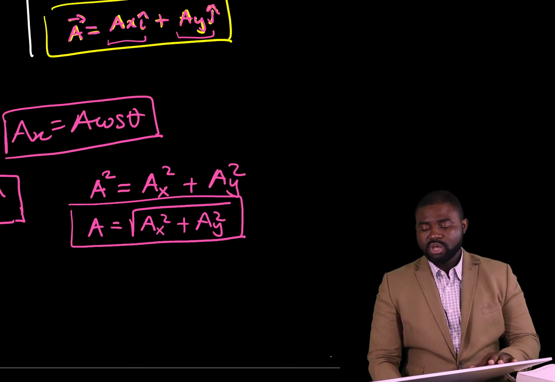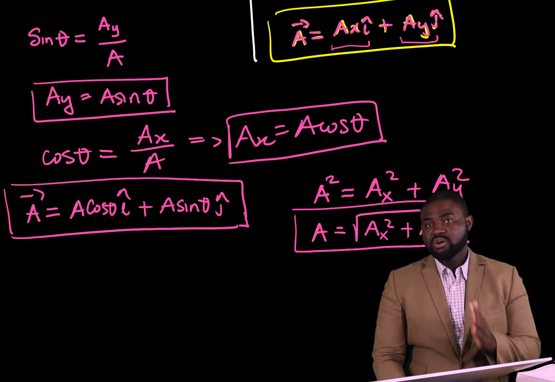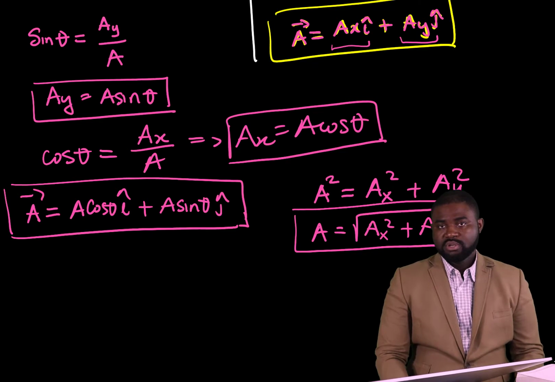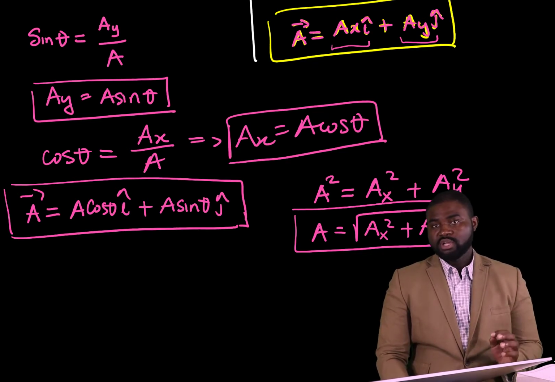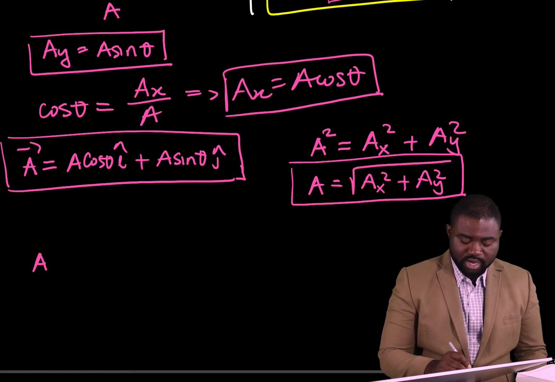Now, I may require you to calculate a unit vector in the direction of A. Let me say that again. To calculate a unit vector in the direction of A, I'm going to represent that unit vector as A hat.